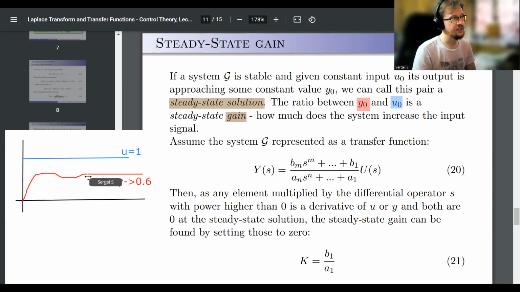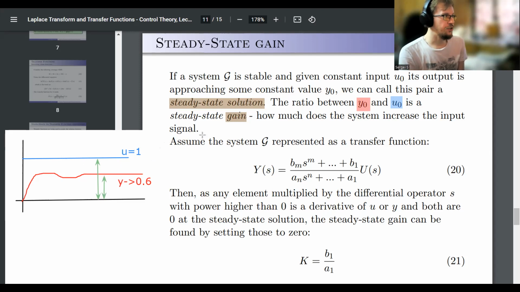That's what we mean. Steady state solution is a solution at infinity, so towards infinity. Okay. So what we can ask ourselves is, what is the ratio between this and this? In this case, it is 0.6. It's clear. But we can compute it using transfer functions pretty generally. How do we do it?